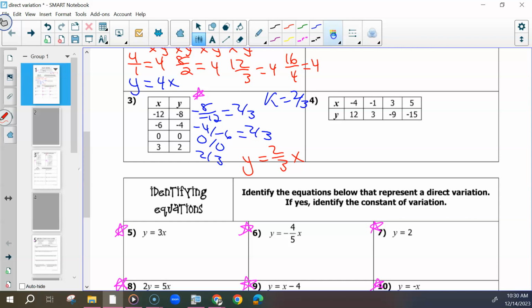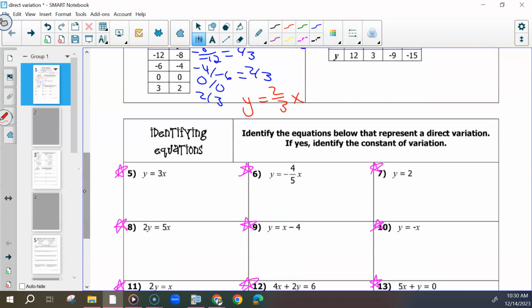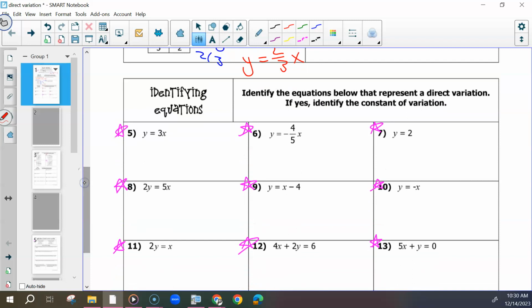This next part is being able to identify, are these direct variations or not, based on, does this look like our y equals kx? Is this direct? Yes. Because it looks like y equals kx, so because it is direct, what is our k value? 3.